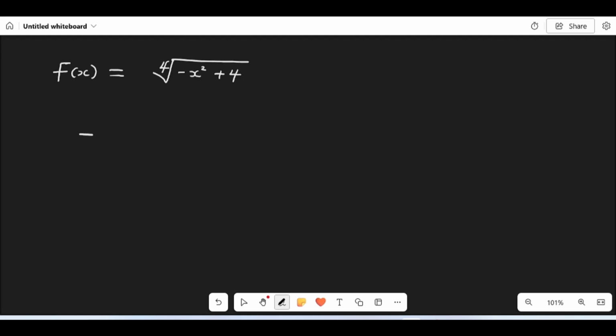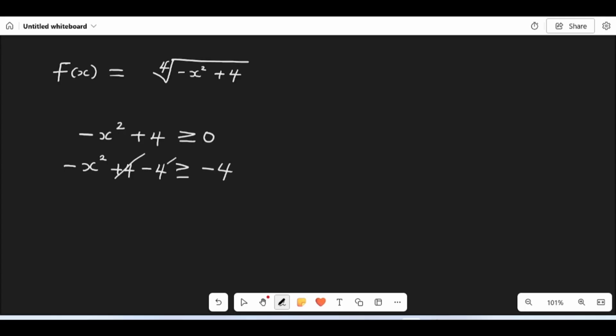So minus x squared plus 4 is greater than or equal to 0. Add minus 4 to both sides. So minus x squared plus 4 minus 4 is greater than or equal to minus 4.